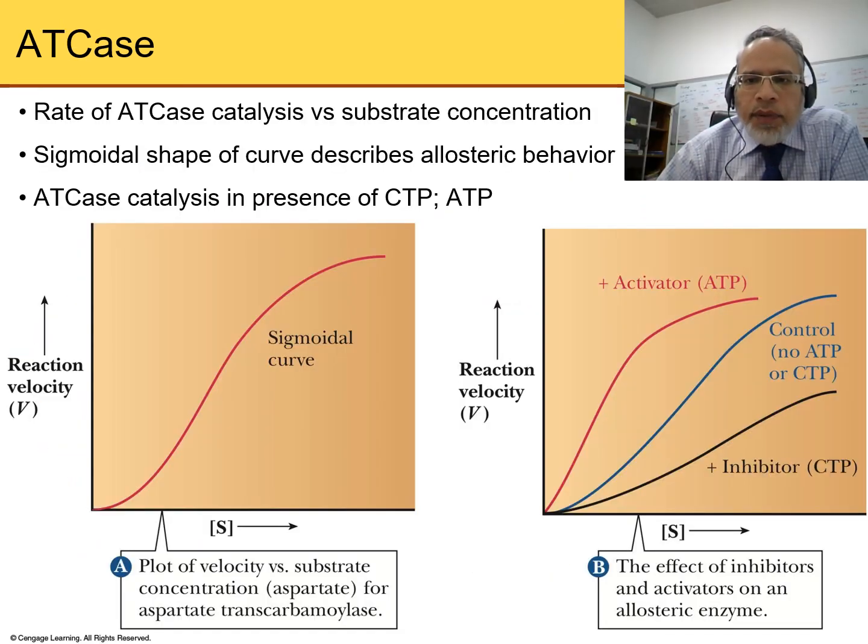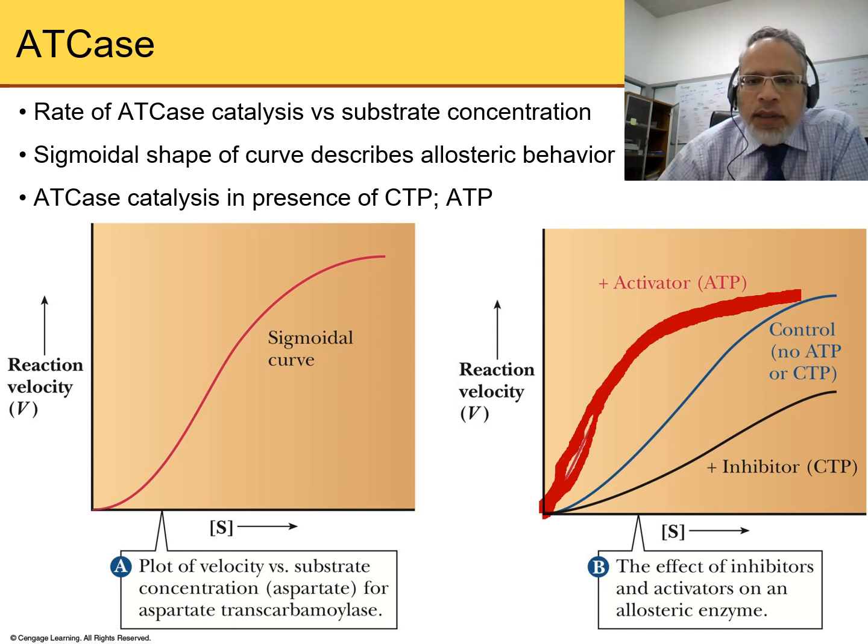And since ATP is an activator, we said the activator is going to show a left shifted sigmoidal graph, shown here in red now, and since CTP is an inhibitor, it's going to show a right shifted sigmoidal graph. And that's what you really see in real life: the control ATCase is sigmoidal.